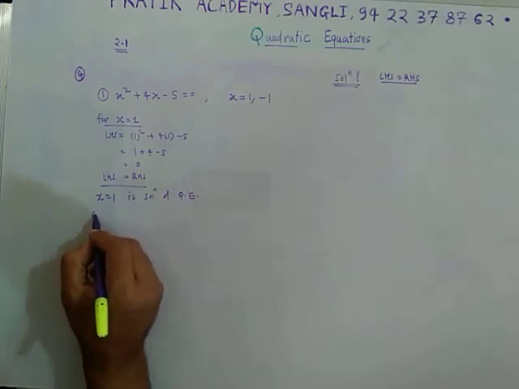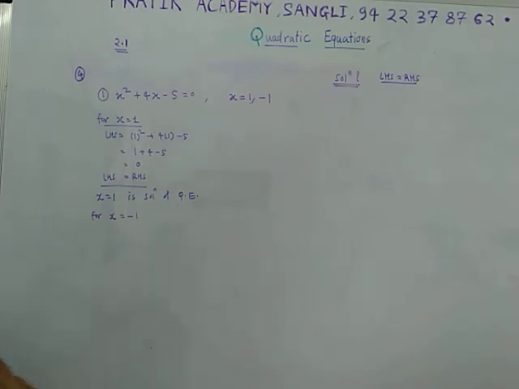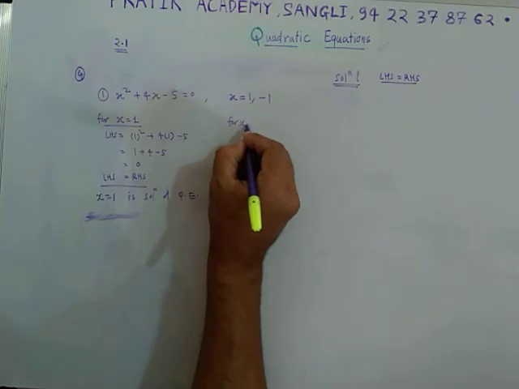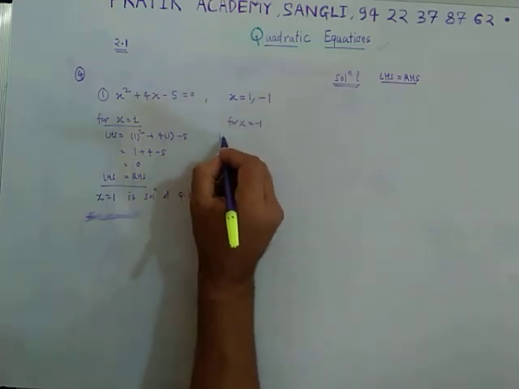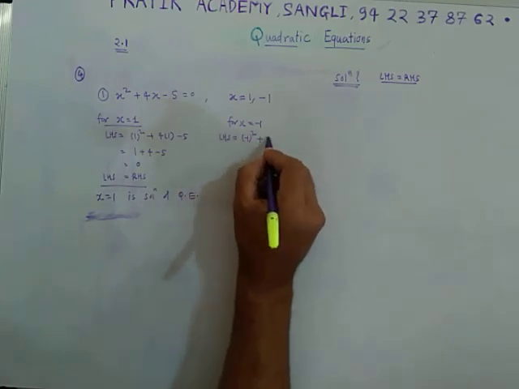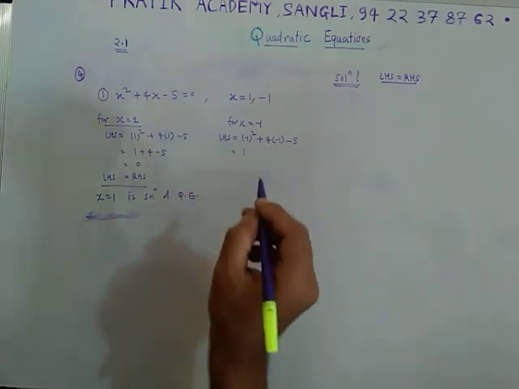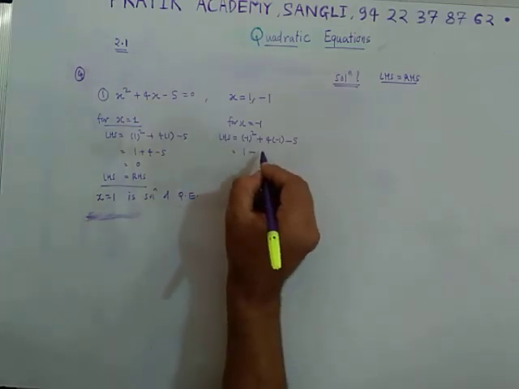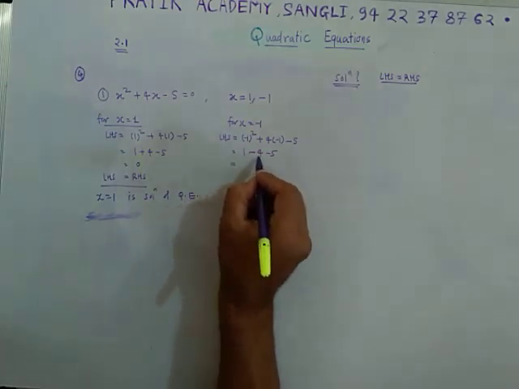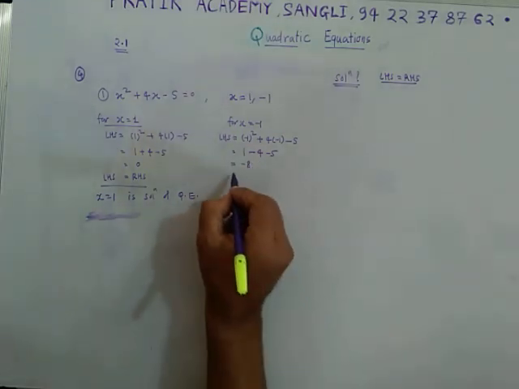Now let's check what will happen for x = −1. For x = −1, LHS will be (−1)² + 4 × (−1) − 5. (−1)² is 1, 4 × (−1) is −4, so 1 − 4 − 5, which is −3 − 5 = −8.